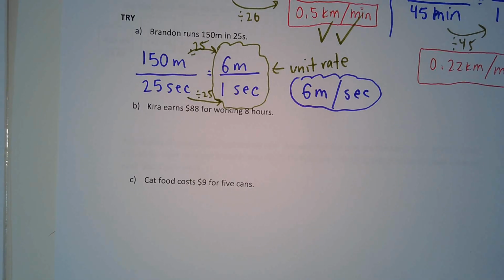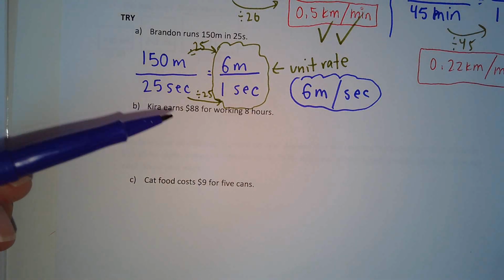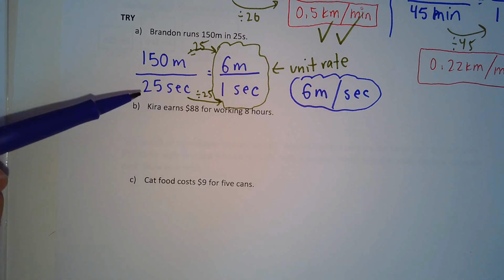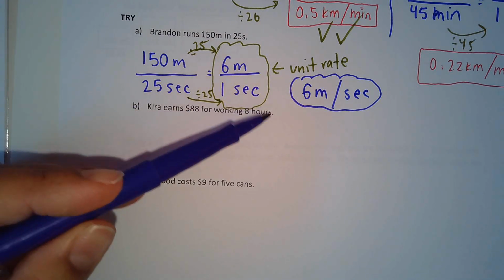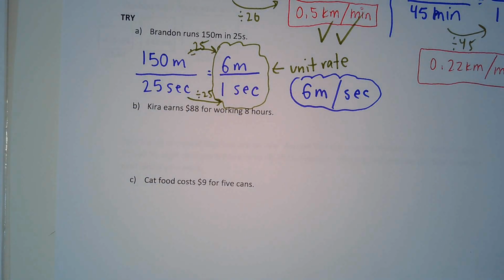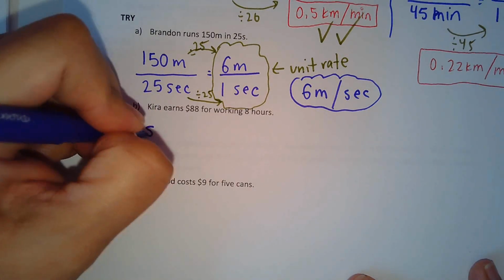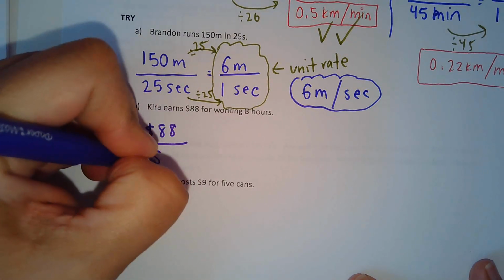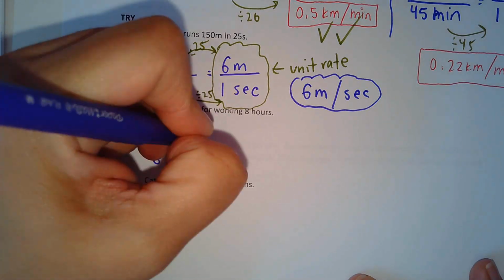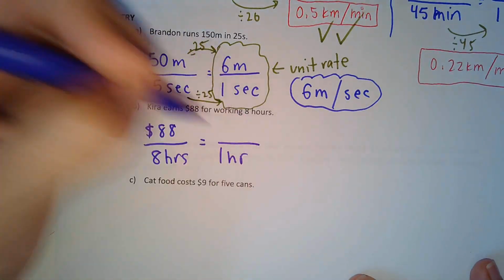Example 2, Kira earns $88 for working 8 hours. This is another example of where you'll learn these patterns. Money always goes on top, and then time, I've mentioned it before, always goes on the bottom. So she earns $88 in 8 hours. How much does she earn in 1 hour?